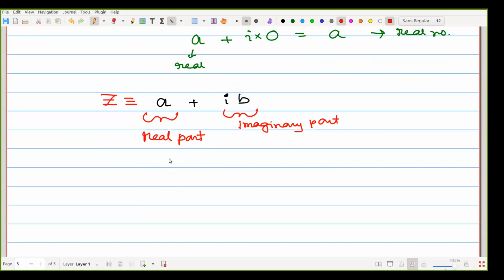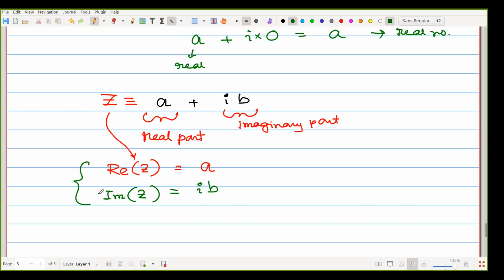That real part can also be written as RE of Z, that is the real part of the complex number Z is equal to A, and IM of Z, imaginary of Z, is equal to IB. In that way also we can describe the real part and the imaginary part of any complex numbers.